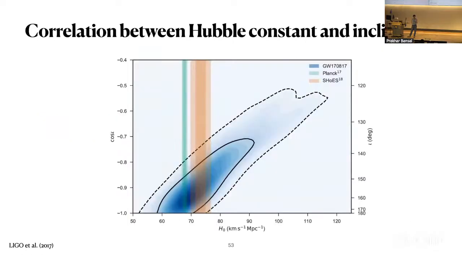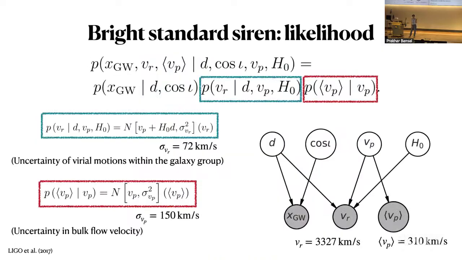Great. Does anyone have any questions about the statistical framework? I don't know how much statistics people have seen. Is your H naught prior flat in log space? Oh, for no great reason. You can pick whatever prior you want on the Hubble constant, because especially when you have a lot of measurements, it doesn't matter.